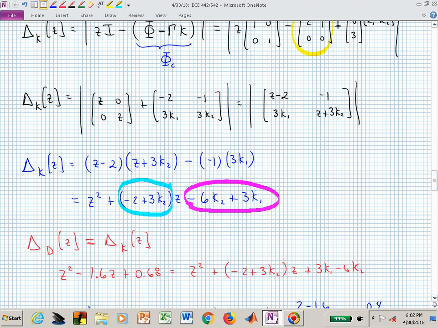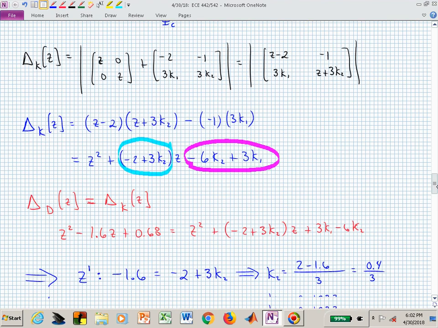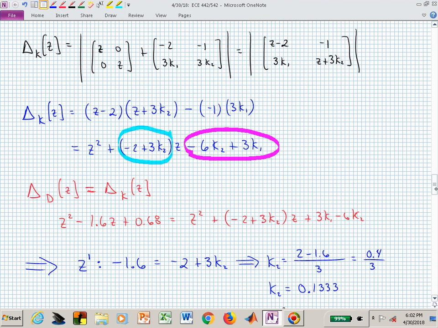Here's what we're doing. We're simply equating the desired polynomial with the polynomial involving the k's, blues and purples. If we look at the first, comparing the coefficient of z to the 1, the first power of z, then we can solve that for k sub 2, and k sub 2 now becomes 0.133.